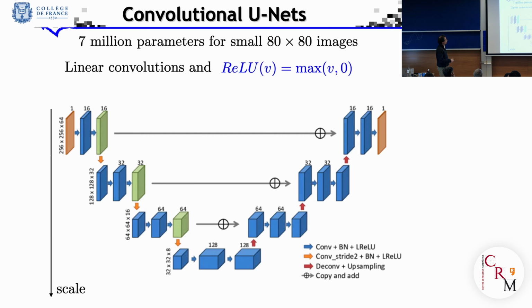And then there is an upsampling like that. You can think of that as a kind of scale axis. I'll come back a little bit to this aspect. So it's as if you were looking at images at different scales in order to compute the score, which is equivalent to doing a denoising. You can think of the output image as a denoised version of the input image.